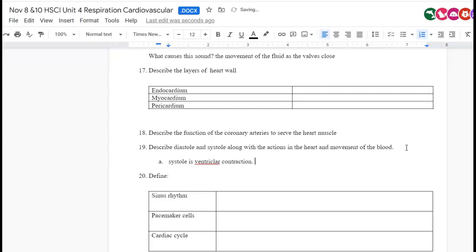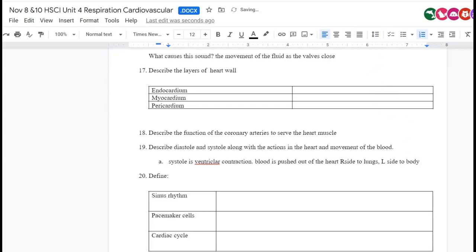When the ventricles contract, blood is pushed out of the heart to go wherever it's supposed to go. If it's the right side, to the lungs, and left side to the body.